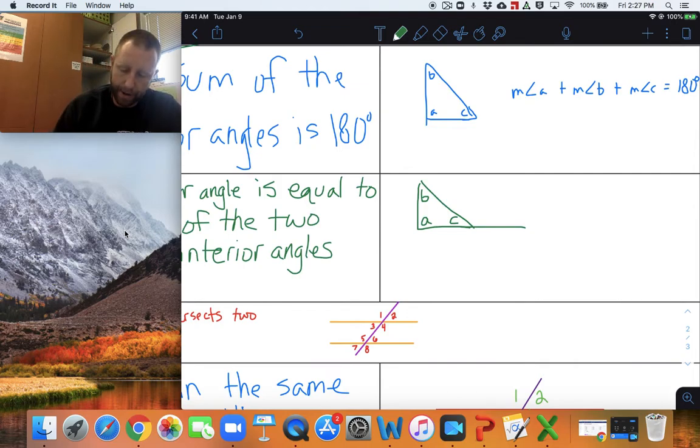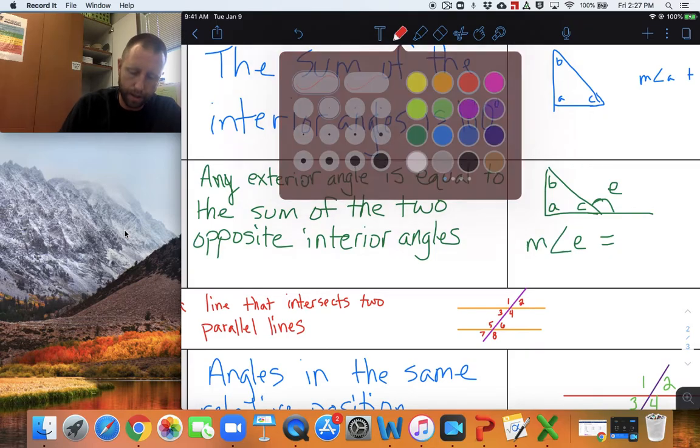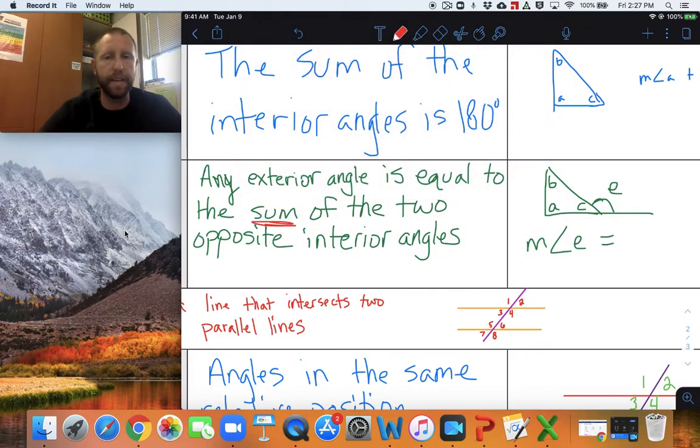This exterior angle, let's say this exterior angle here is angle E, okay? The measurement of angle E is equal to the two opposite interior angles added together, because remember, that's what that word sum means.